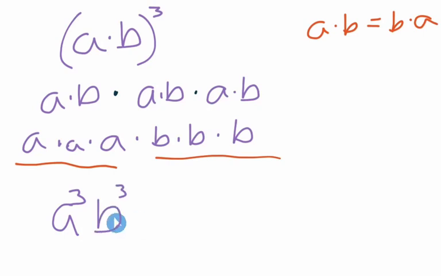Now, going back to the original problem, what this means is when you see an exponent outside of the parentheses, that exponent is applied to everything inside the parentheses, provided, very huge provided here, provided that these are being multiplied. If this is not multiplication, you cannot just apply the exponent to everything.